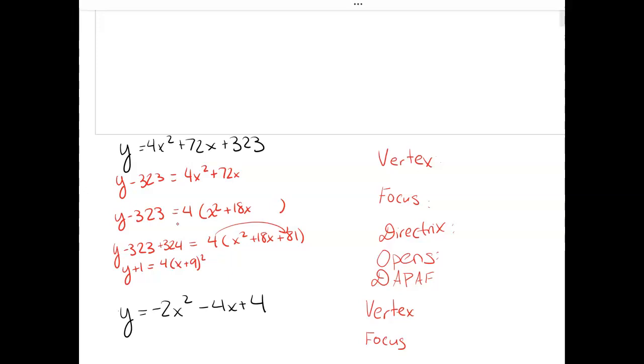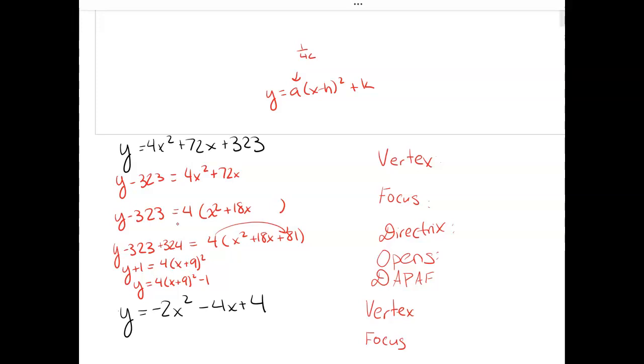Alright, and then putting this finally back in vertex form, I've got y is equal to 4 times the quantity of x plus 9, quantity squared, minus 1. Alright, so that does look like our vertex form, which was always y is equal to a times the quantity of x minus h, squared, plus k, but remember we're going to be taking a look at that a and changing that to 1 over 4c.